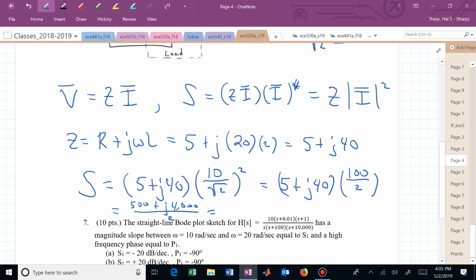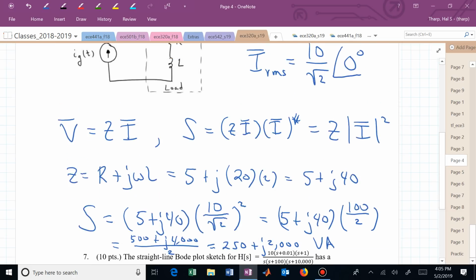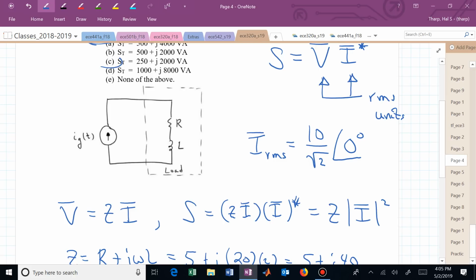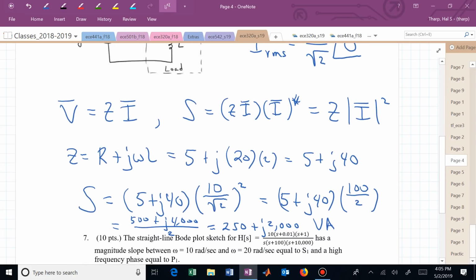Do we have a 250 plus J 2000 sitting in the answer somewhere? So that would be our volt amperes. That would be C.